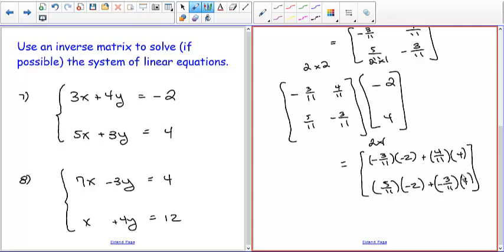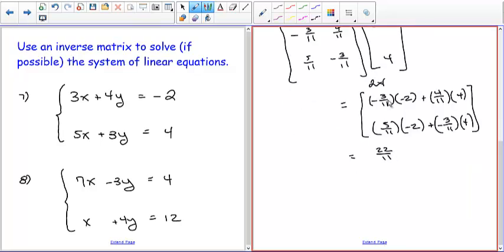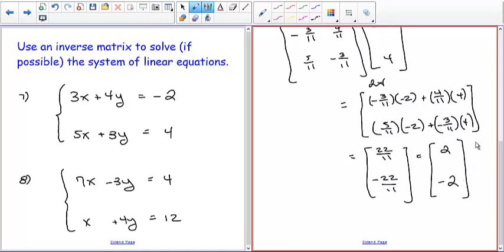So what do we have? We have 6/11 plus 16/11, so you get 22/11, and here we'll have negative 10 minus 12, so negative 22/11. You can simplify those down to positive 2 and negative 2. So that's the solution matrix.